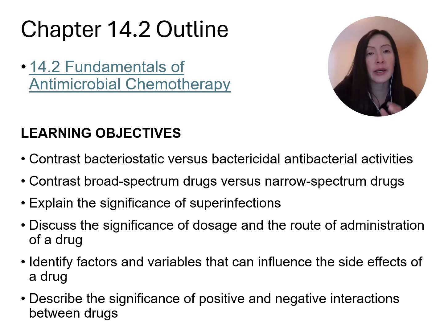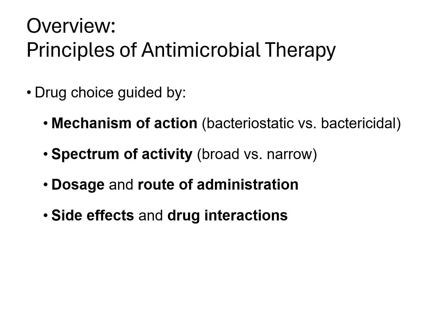So far, we've seen how antimicrobial therapy evolved from ancient herbal remedies to synthetic compounds and natural products. Next, in this section, 14.2, we'll focus on the principles of antimicrobial chemotherapy. This is how we classify, dose, and combine these drugs in clinical practice. When choosing an antimicrobial drug, clinicians have to consider, one, the mechanism of action. So do we need something that's, for instance, bacteriostatic or bactericidal?